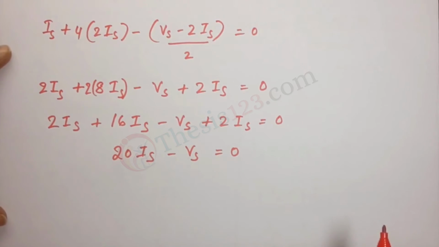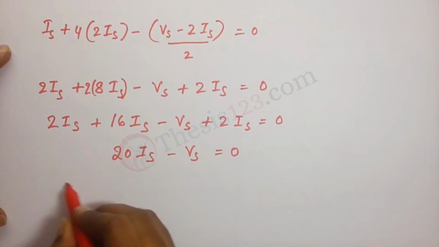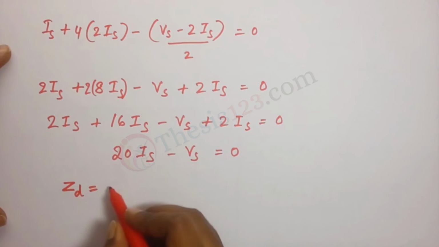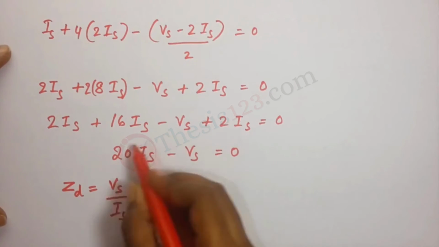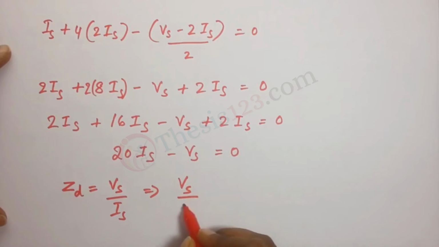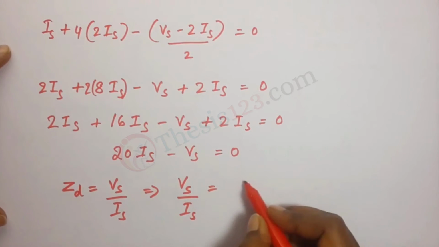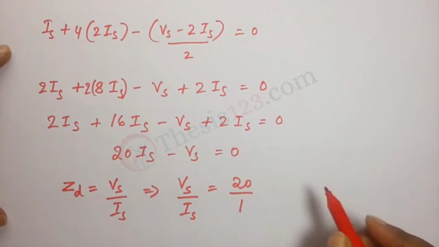Now the question asks us to find out the driving point impedance ZD, and we saw that by definition ZD is Vs by Is. So using this relation we can write this as Vs by Is is equal to 20 by 1.